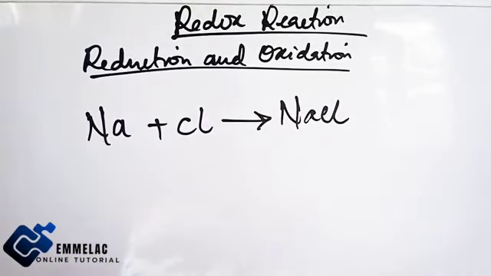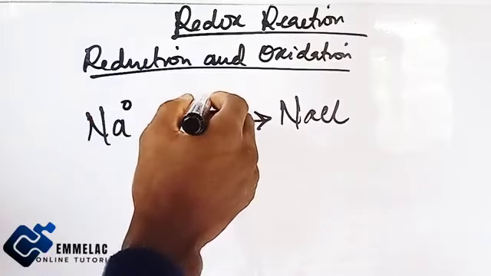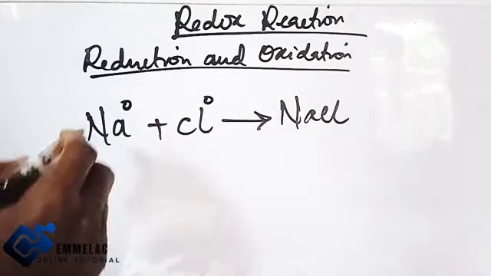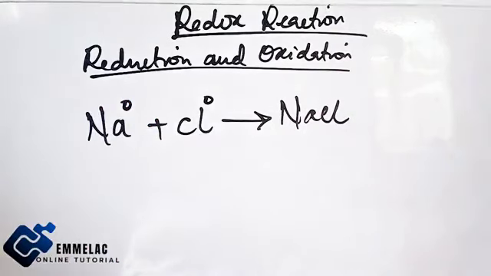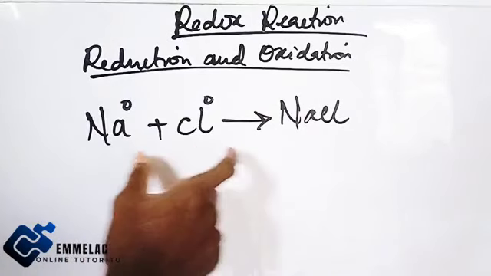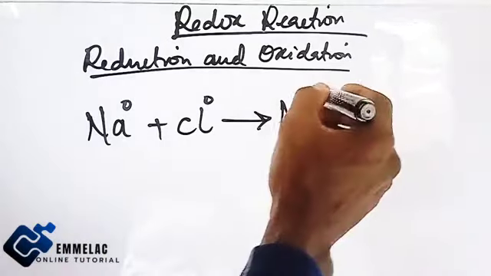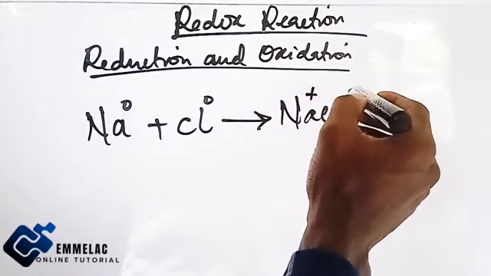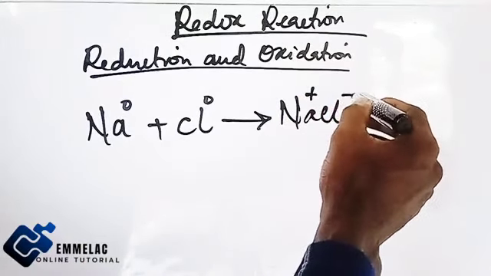But you must first know that every element in its ordinary state has a zero charge, which we call a neutral charge, meaning it possesses no charge at all. But this is before the reaction. After the reaction, sodium becomes positive and chlorine becomes negative.